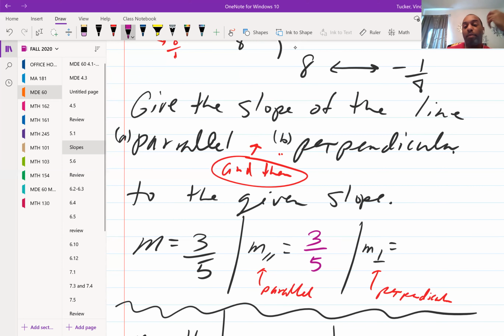Remember, parallel lines will have the same slope. Now, perpendicular lines would be negative reciprocals. So remember, the reciprocal is to flip. Negative means to use the opposite sign. So I will have -5/3 as a slope of a line that's perpendicular to my original line, which is 3/5.